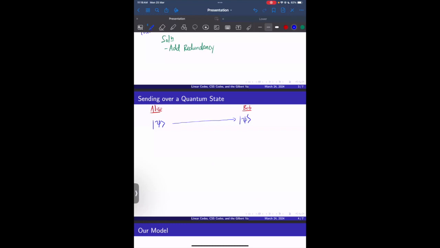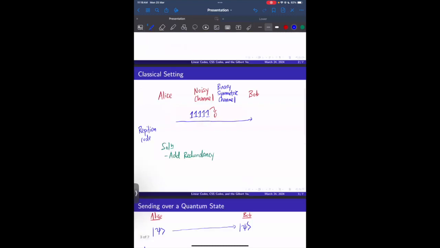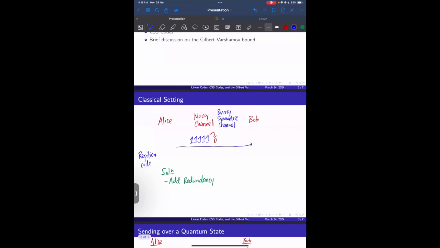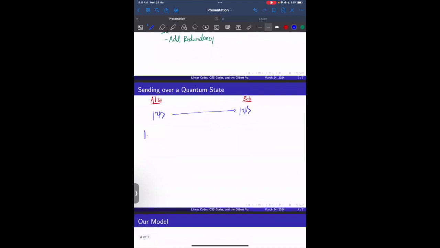So we have to ask a few questions, because this is different from the classical setting. In the classical setting, what did we see? We saw that only this type of error can occur, which is a bit flip. But in the quantum setting, you're not really sending over just a bunch of zeros and ones.